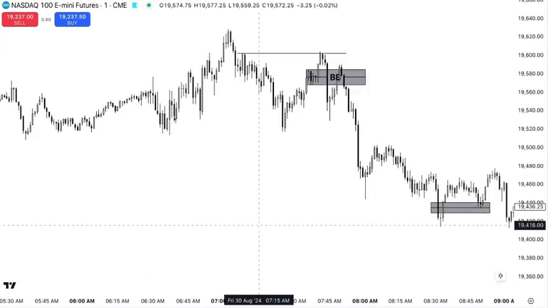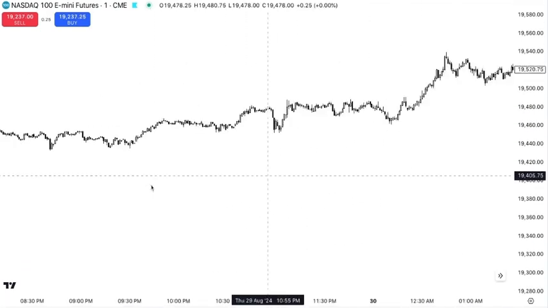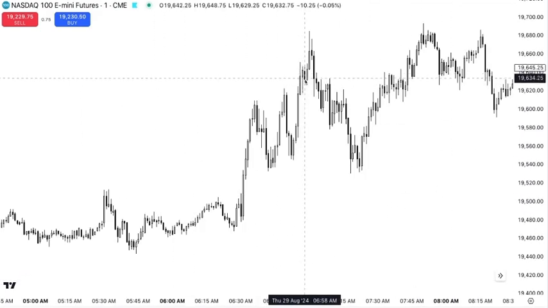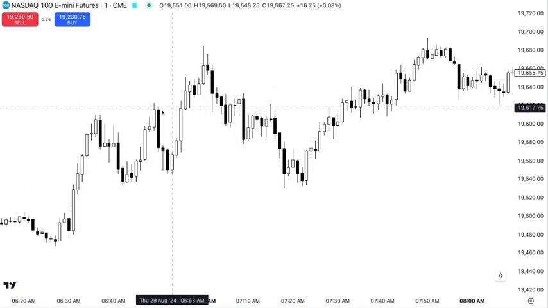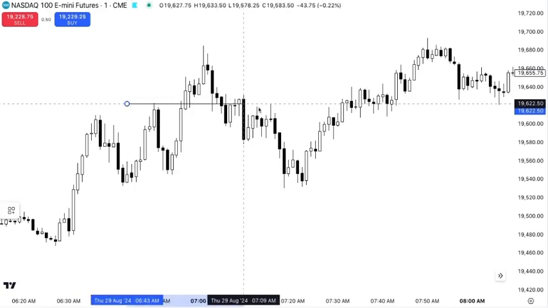But back to breaker blocks. Let's find a few more examples. Alright, so right here we have another example. I got swept right there.